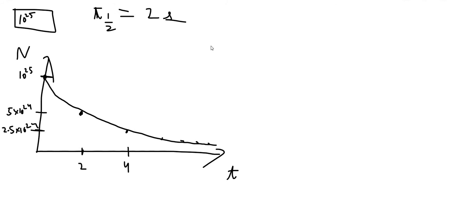So for that we have the equation N of t is equal to N naught e to the minus lambda t. I'm not going to go into how this equation is derived because that requires differential equations, and most of you don't need to know that.